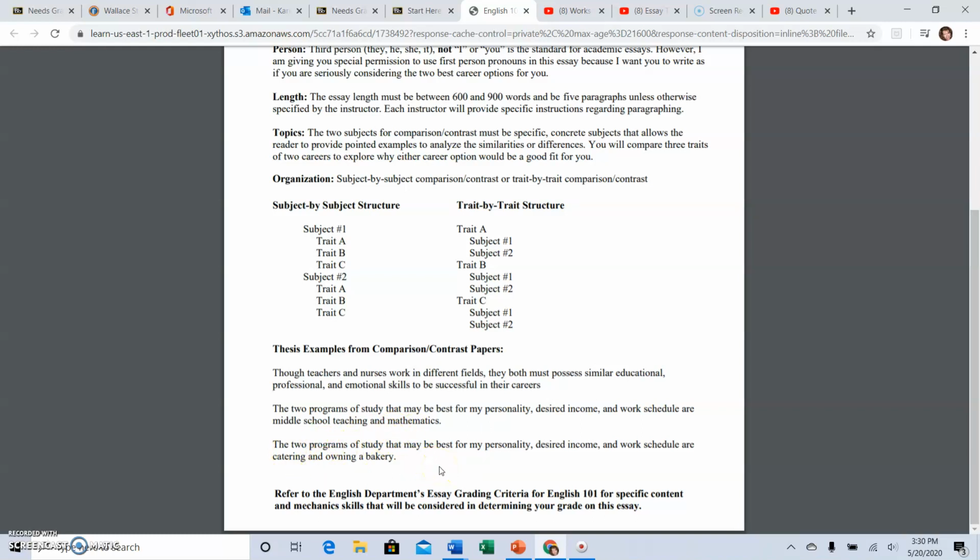The 2 programs of study that may be best for my personality, desired income, and work schedule are catering and owning a bakery. So instead of programs of study, I would alter that to careers. The 2 careers, because the same program of study, culinary arts, would be useful for catering or owning your own business as a baker. So that is a revision that I think is warranted there.